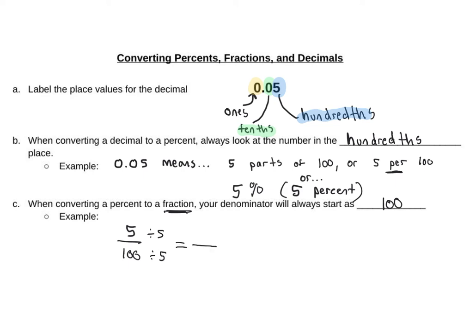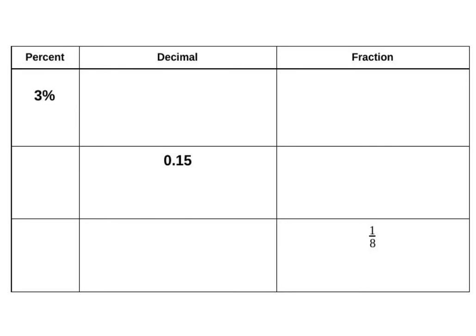And what that equals is 1/20. So this would be the fraction that represents 0.05. I'm going to walk through 3 more examples, and then I'll give you a chance to try it and check your work. Let's start with 3%.